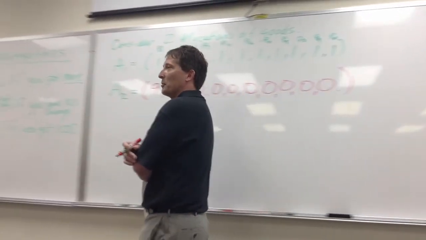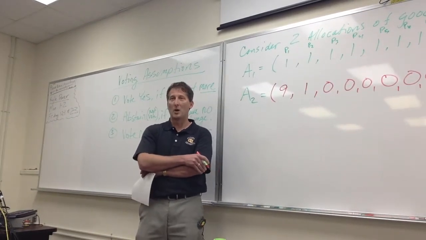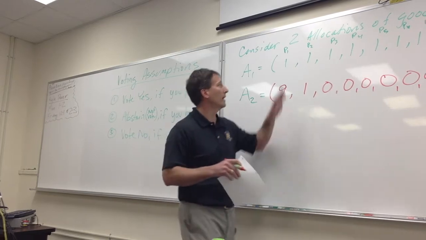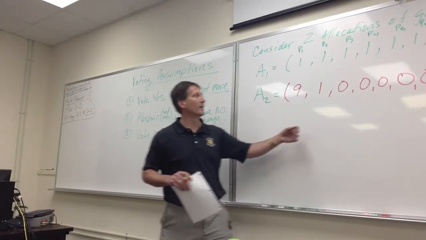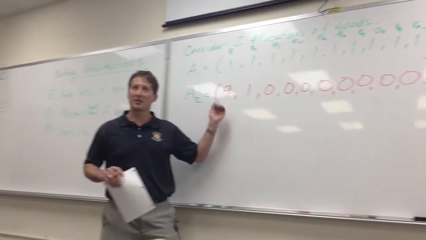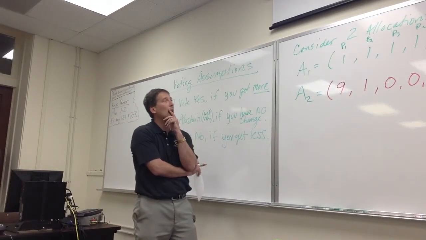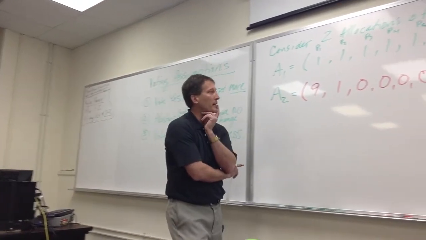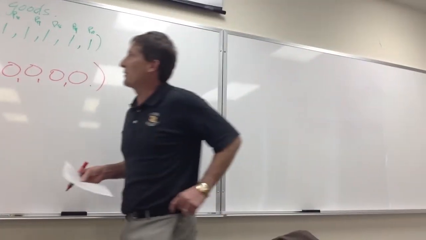Which allocation appears to be more fair? 1, right? We all kind of equally have a number of goods. Maybe this could be rich versus poor. The separation of rich versus poor doesn't seem like quite as fair of an allocation. But who knows what fairness is? We all have different thoughts on what's fair and what's not.